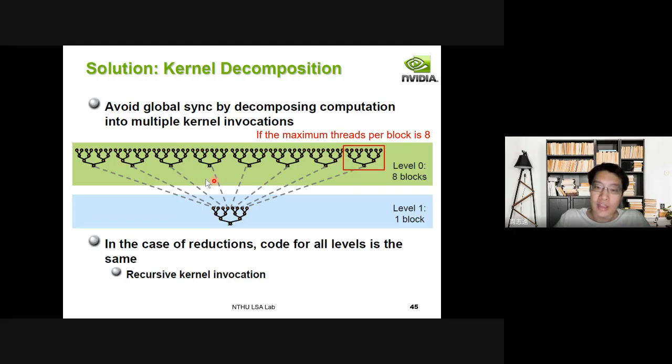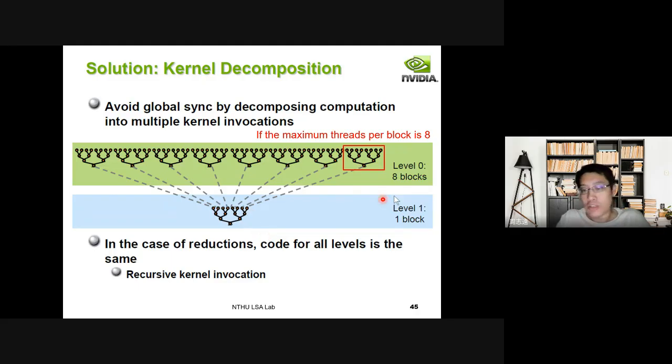And you can see that the idea is the same. We basically reduce the problem by 1/8, and then we repeat this strategy to decide how many blocks we need to launch for the next kernel, until we finally have fewer than 8 elements.